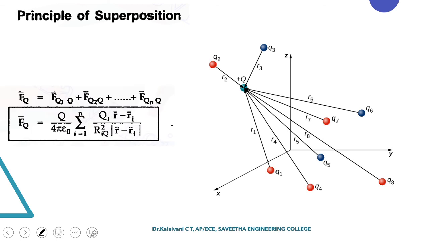With respect to Q, the total force will be due to Q1, due to Q2, due to Q3, due to Q4, due to Q5, due to Q6, due to Q7 and due to Q8. Here we are taking 8. If it is n, due to n number of charges, each will have its own individual force. So we will have numerous forces.